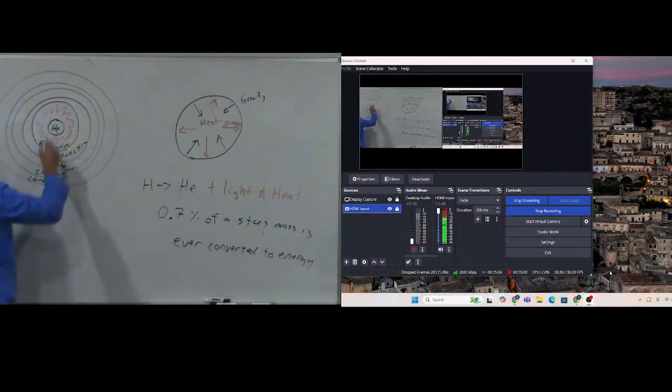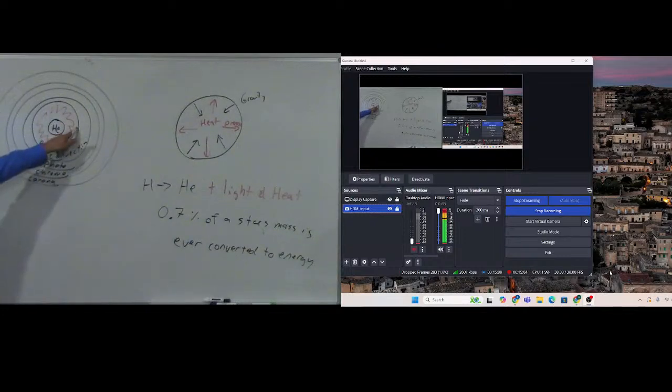It heats up so much that this layer out here that for its entire existence was on the edge of doing fusion. If it had been doing fusion, we would have called it the core. But it wasn't doing fusion, so we didn't call it the core, we called it the radiative zone. All of a sudden, all this hydrogen that was here gets crazy hot because of all the heat coming out from here.